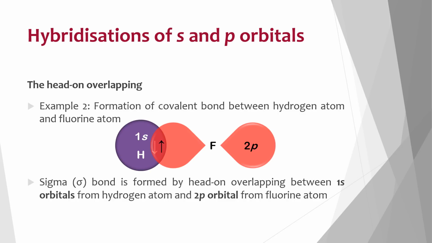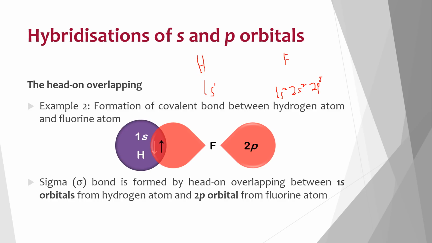You have a hydrogen atom with a 1s1 configuration and the fluorine atom which will have a 1s2, 2s2 and 2p5 configuration.